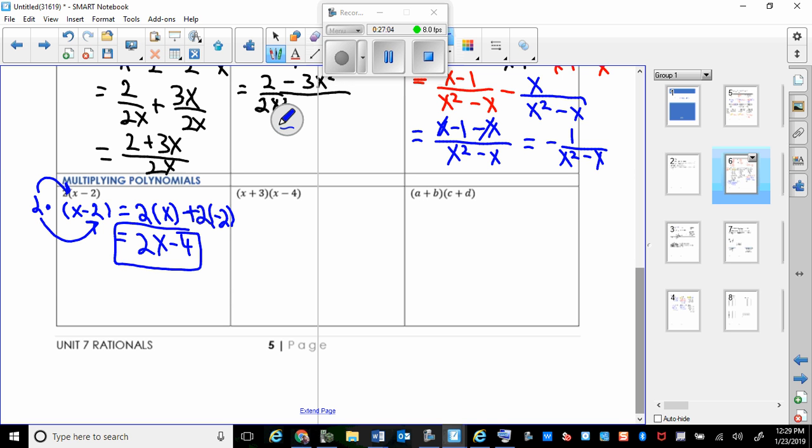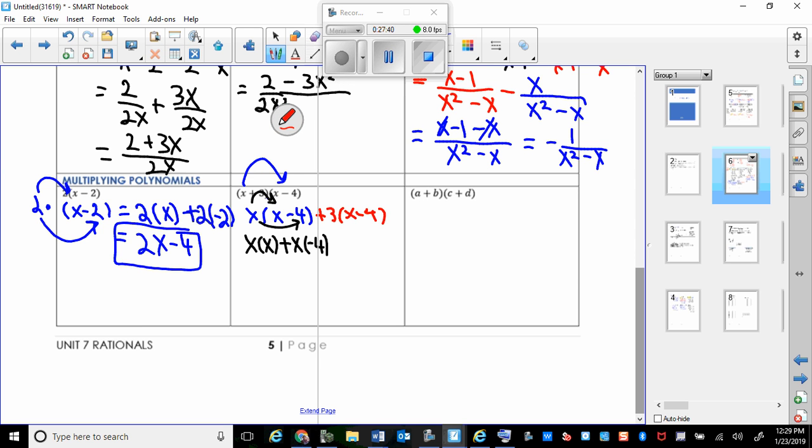Okay, for the next one, I have 2 different numbers in the front. So what I'm going to do is x times the second quantity, so x times x minus 4, and then for my second term, plus 3 times x minus 4. Going to distribute. Again, x times x is x squared, and then x times negative 4, so plus x times negative 4.